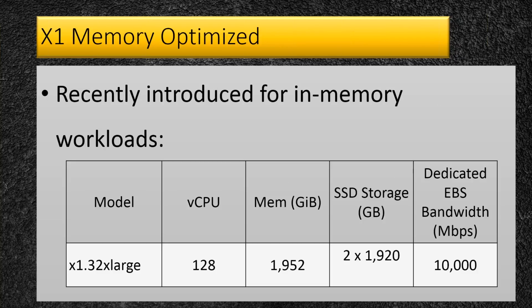Now, there's been another model of VMs on AWS that was introduced recently. I haven't seen anybody deploy this in production, but I figured I would put it here in the slide deck since we're talking about high performance. Now, remember, this is a high performance VM. I never said they would be particularly cheap.